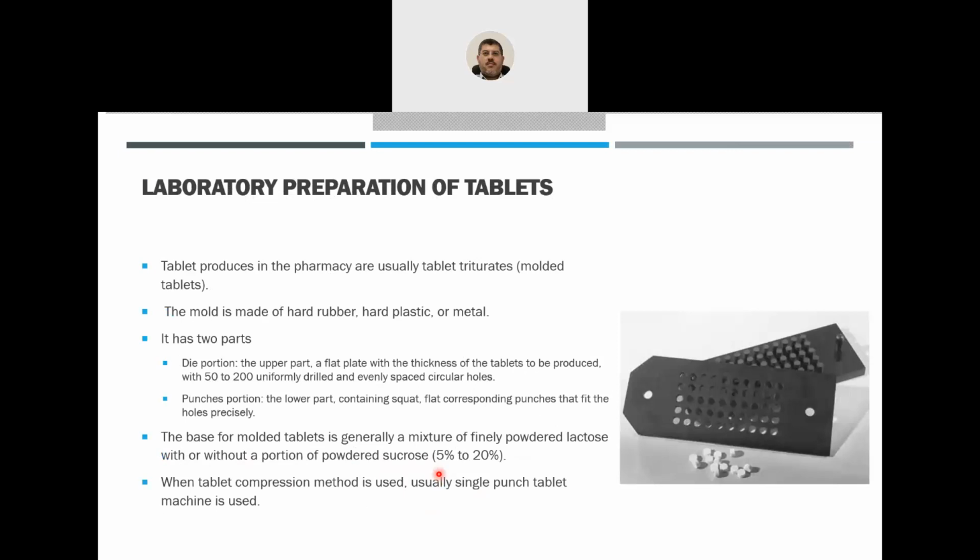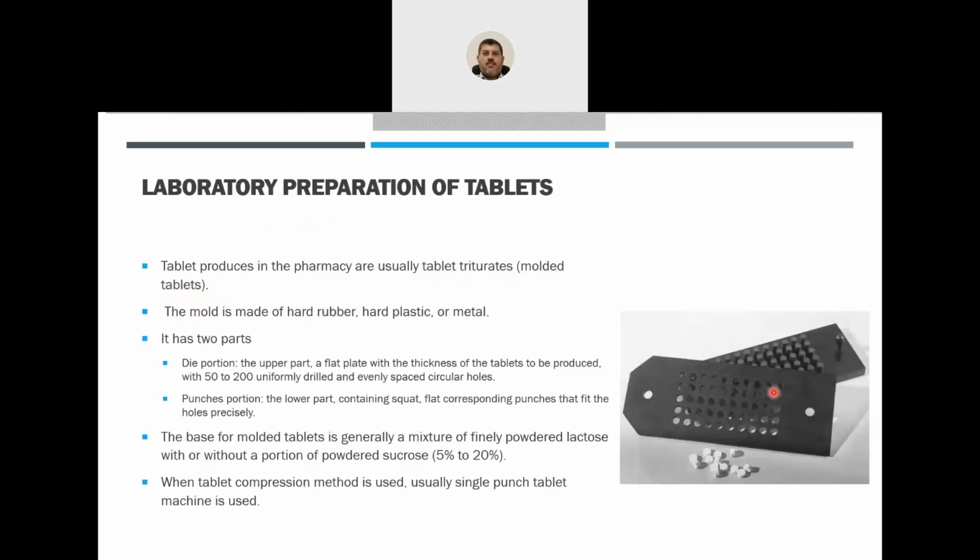In case we need to produce some tablets, usually a simple type of tablets called tablet triturates is produced. So when it comes to extemporaneous preparation of tablets, usually we produce not compressed tablets, but tablet triturates, or we call them molded tablets. These tablets are not hard because they are not compressed like the tablets produced in industry.